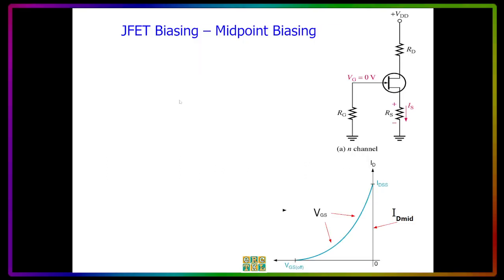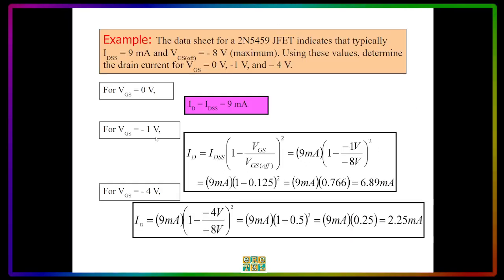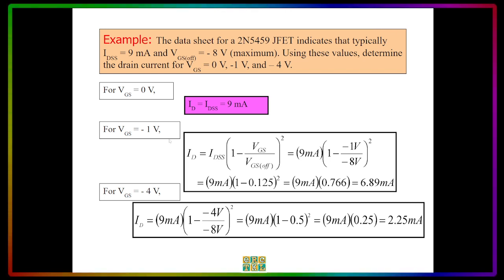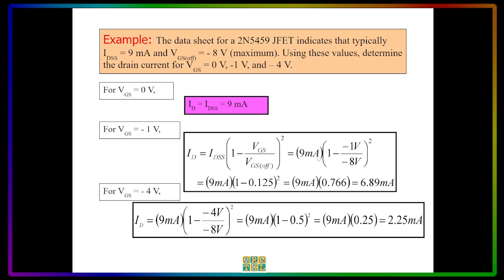Now for VGS equal to negative 1 volt, you will see in the formula that IDSS multiplied by 1 minus VGS over VGS(off), negative 1 over negative 8, and you subtract it from 1.